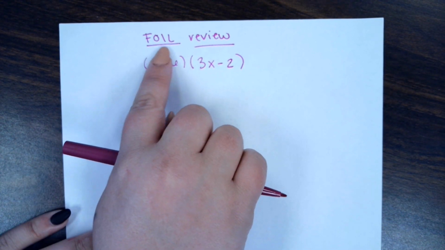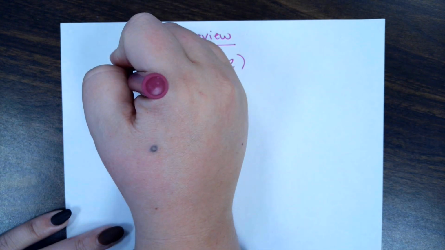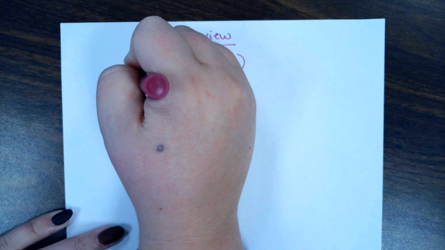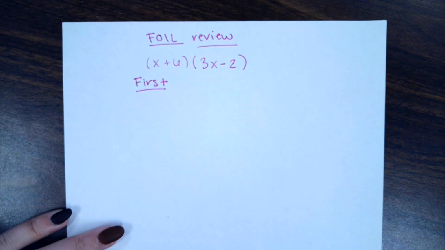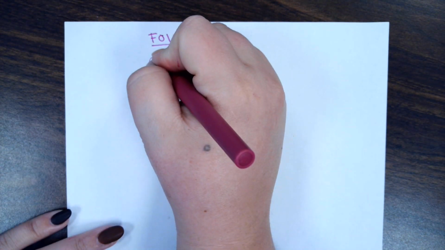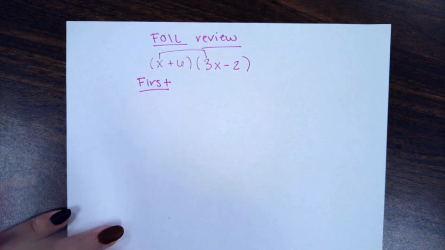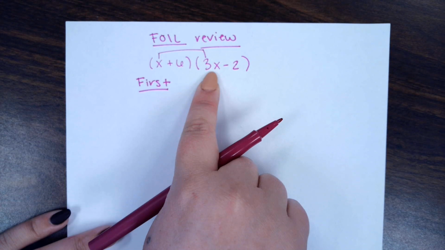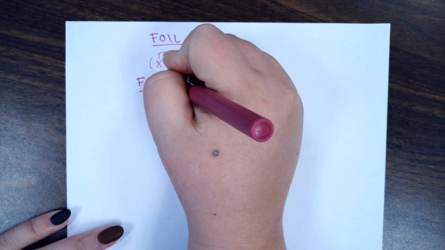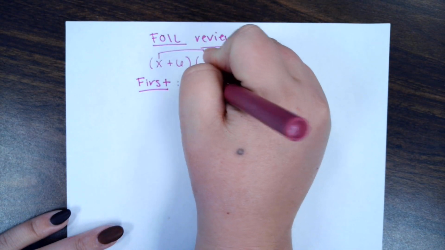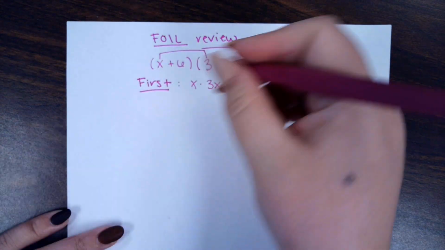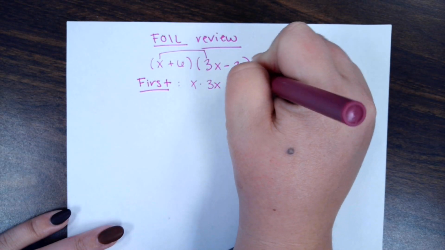FOIL, each one of these letters stands for something. F stands for first, so you multiply the first two terms. So x times 3x, and that's going to give you 3x squared.